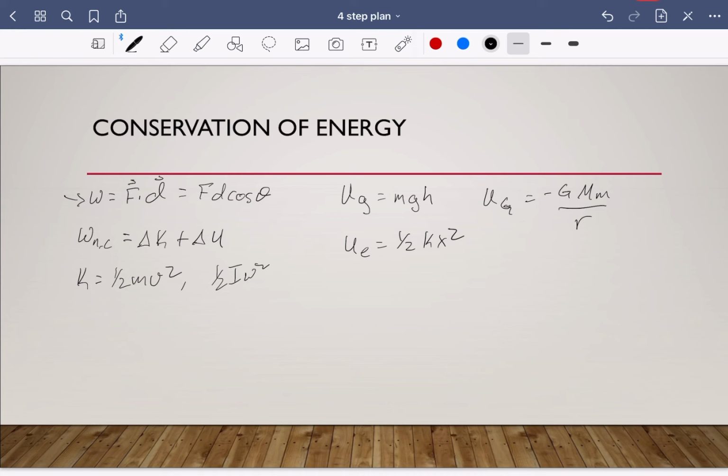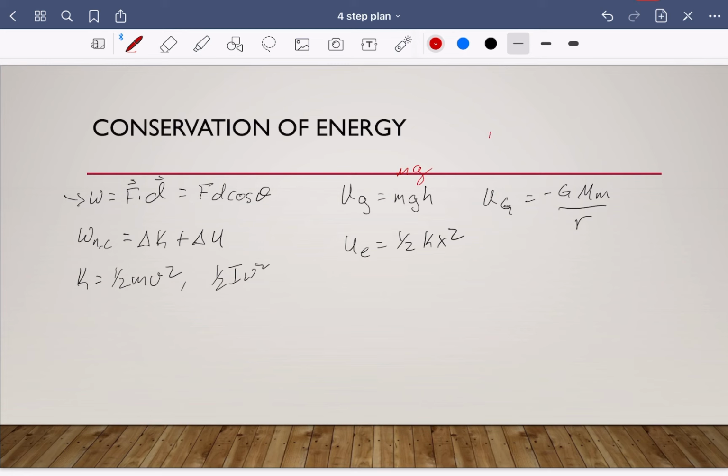And kinetic energy is just that energy due to motion. So it's 1/2 mv squared, and if I have rotational motion, 1/2 I omega squared. Then I have the change in potential energy, and all conservative forces have an associated potential energy. So if I have weight, which is mg, its associated potential energy is mgh.